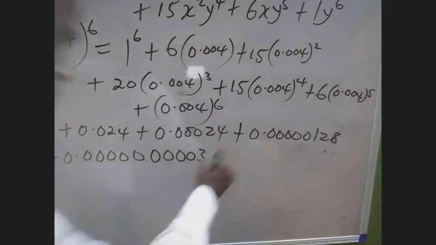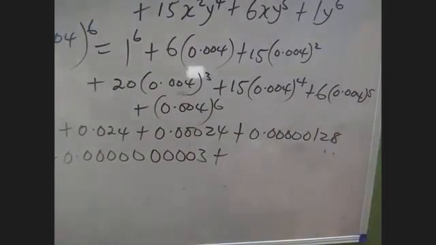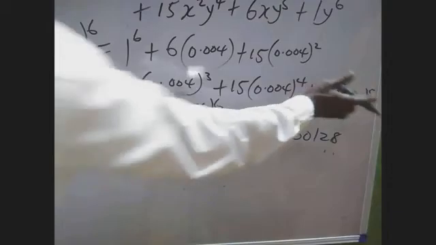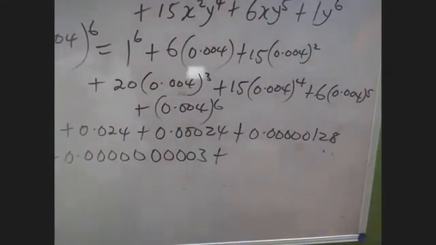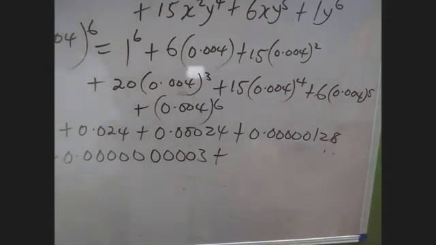Then if you also use this to multiply 0.004 raised to the power of 5, you will also obtain a very small number.